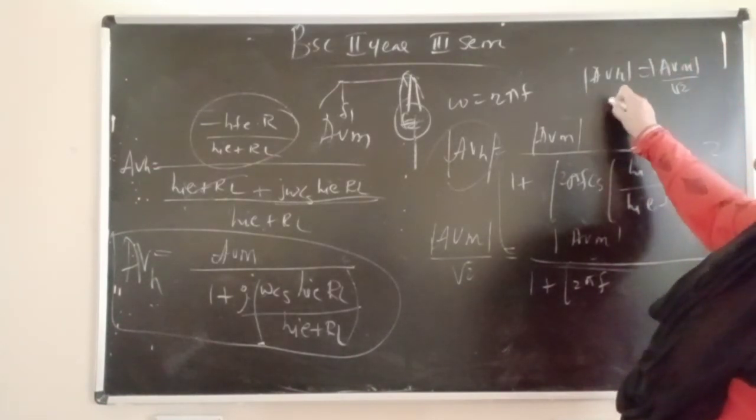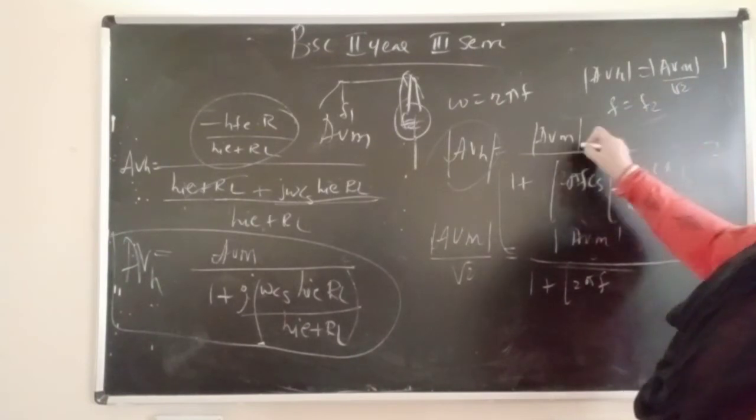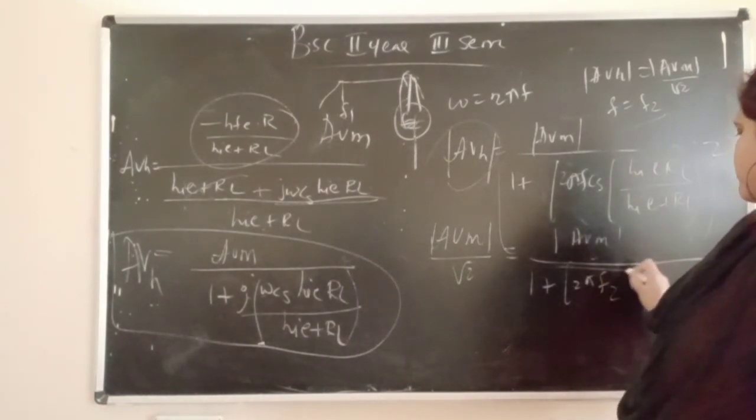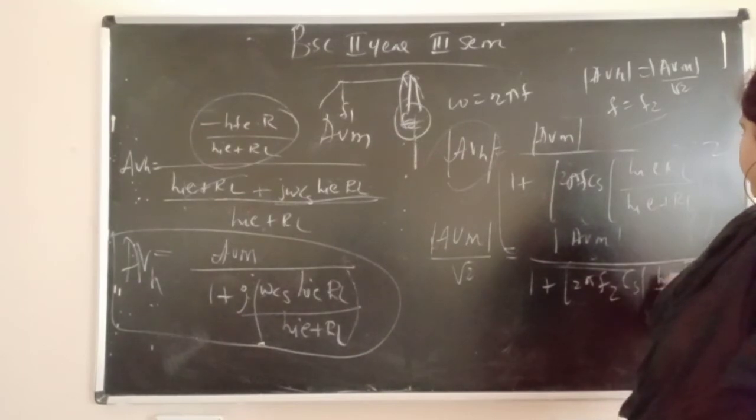And instead of F I will write F2, substituting in this equation. So instead of F I will write F2 Cs HIE RL by HIE plus RL whole square.